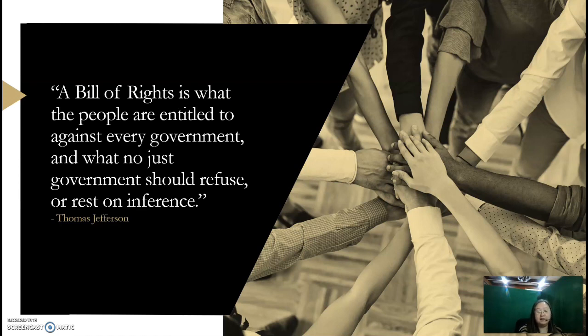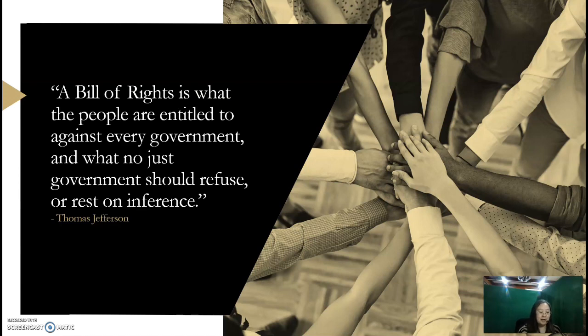He said that a Bill of Rights is what the people are entitled to against every government, and what no just government should refuse or rest on inference. He's correct. Okay? The Bill of Rights contains fundamental rights which are inherent and essential to liberty and a free form of government, such as a republican type of government like the Republic of the Philippines.